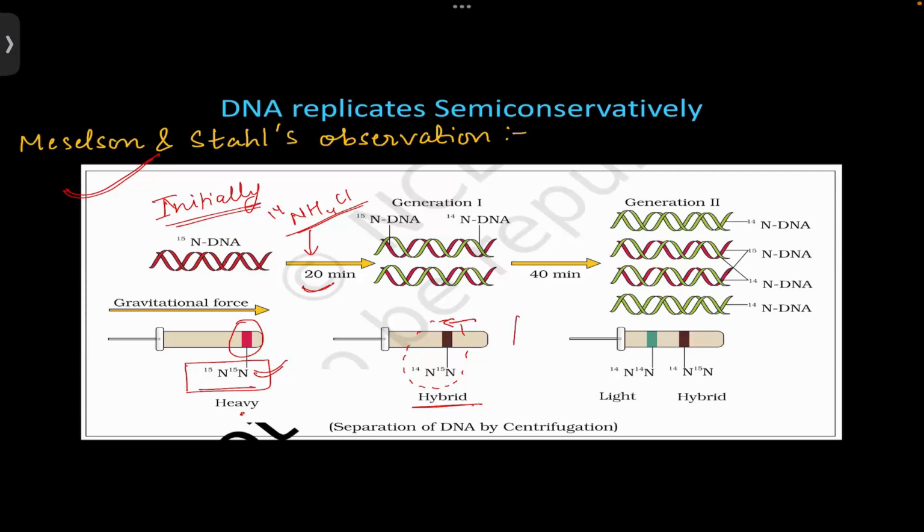If we draw it like this, here is the heavy one, which they saw initially, whereas the hybrid one will be above the heavy one.